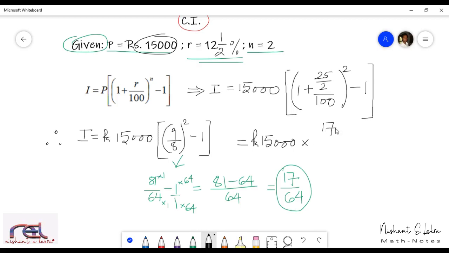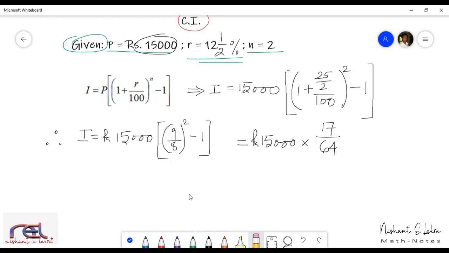So we'll just replace that value here. 15,000 into 17 by 64. It's not that complicated. If you follow it step by step, it is very easy, and mathematics becomes interesting. Now we can simplify it further, and when you cancel and multiply, you will get the answer as rupees 3,984.375.